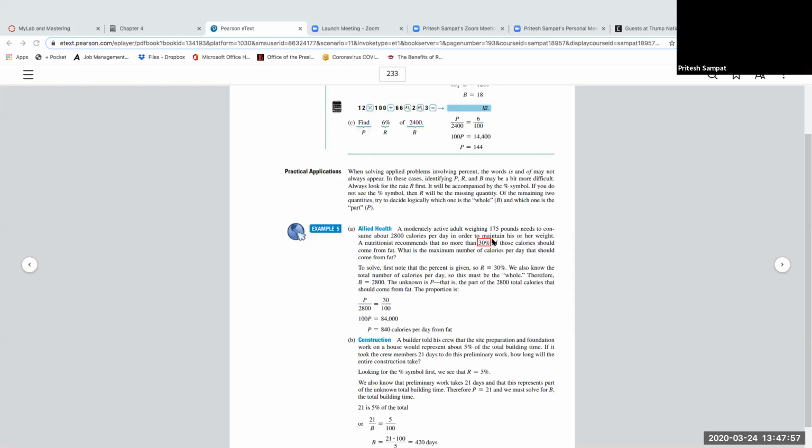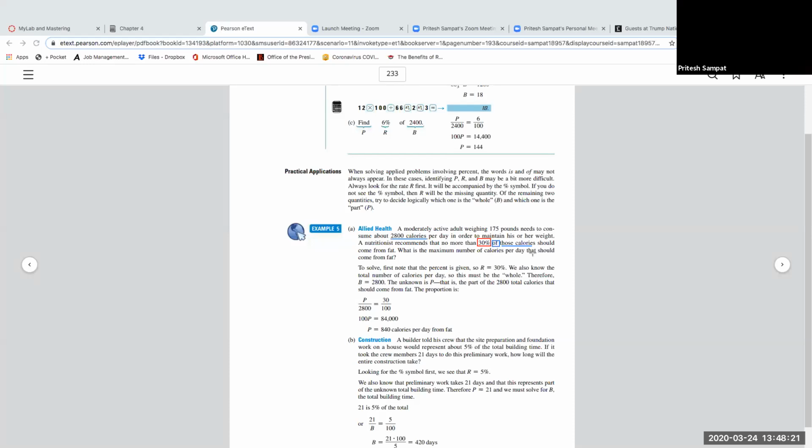So we have of, and when they're mentioning those calories, that's right here. These are related. They're referencing the 2,800 calories. Should come from fat.